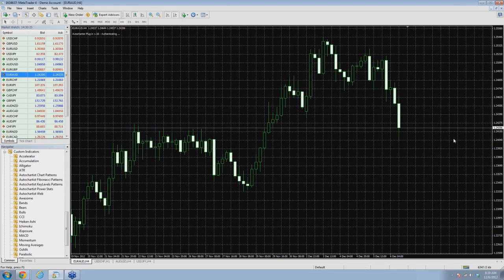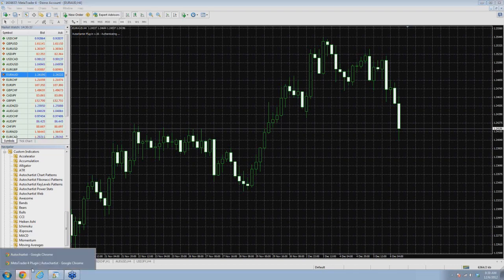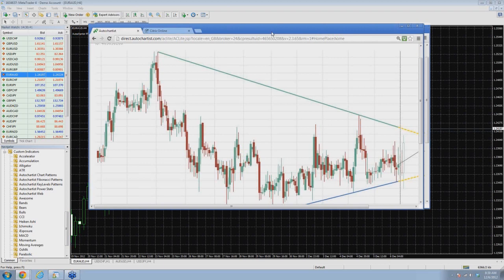Now, if you want to, you can look at the MT4 platform exclusively, or you can go to Autochartist, the charting program itself, the web-based program. And let me clear it out. You're going to get a screen that we normally look at here.